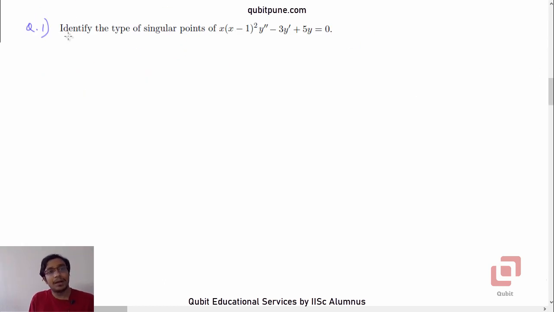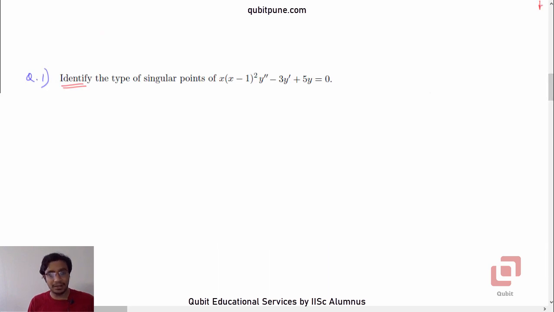Question 1. Identify the type of singular points of the differential equation x into x minus 1 squared into y double prime minus 3y prime plus 5y equal to 0. First, we write the differential equation in the standard form, which is y double prime plus p of x into y prime plus q of x into y equal to 0.